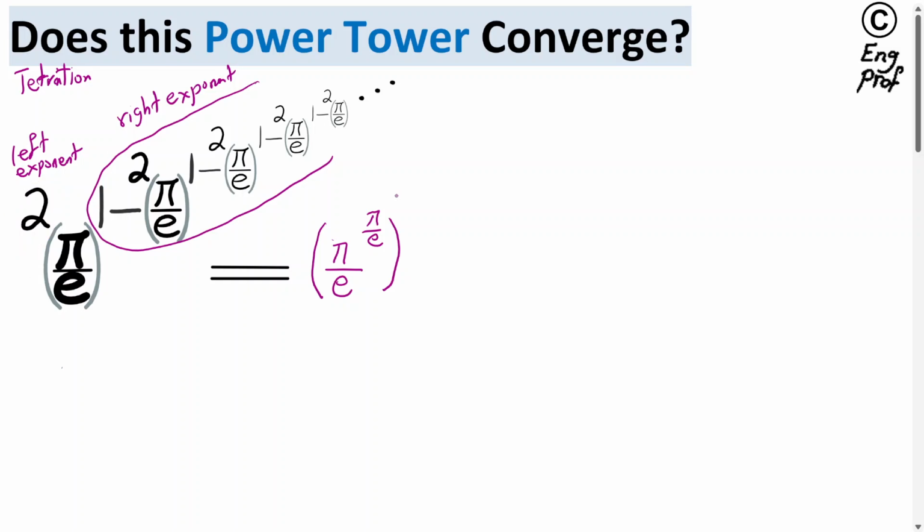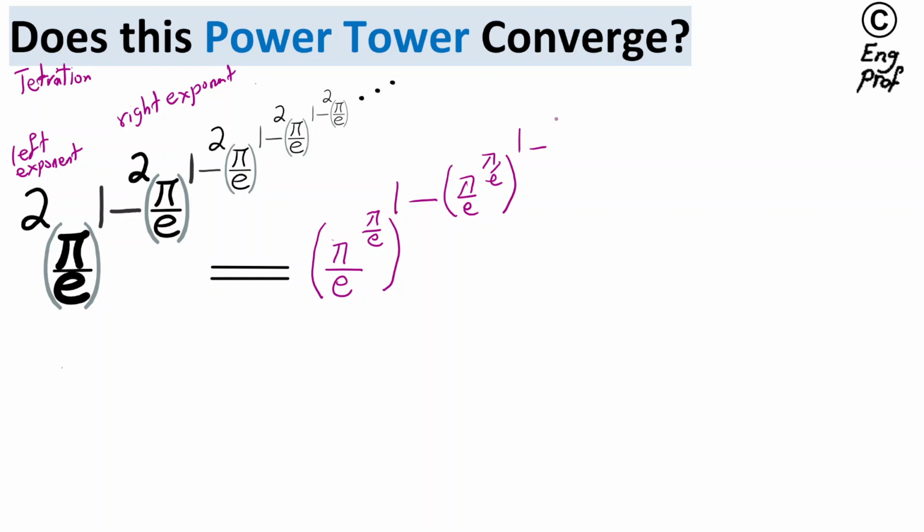Now in the right exponent, you can see that this is repeating itself. So 1 minus, again another time, pi over e tetrated to 2. So we have pi over e to the power pi over e, and then 1 minus pi over e to the power pi over e, and so on and so forth. And this goes up to infinity.